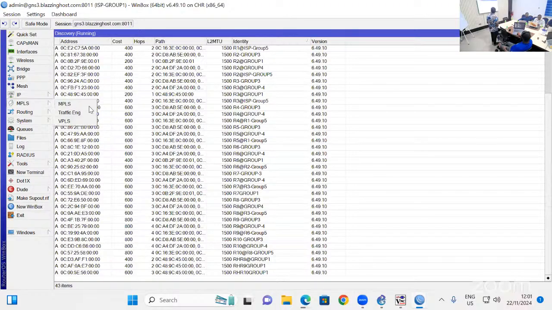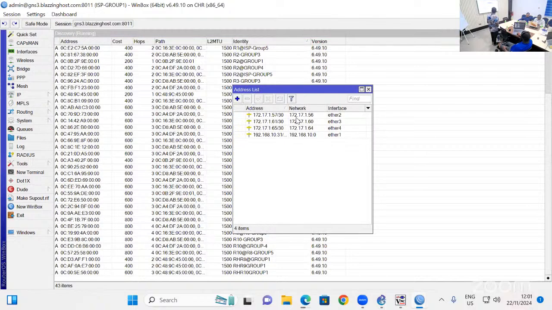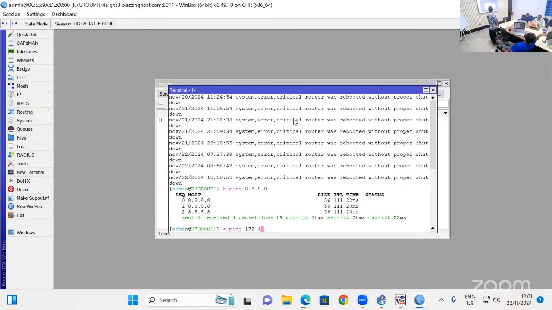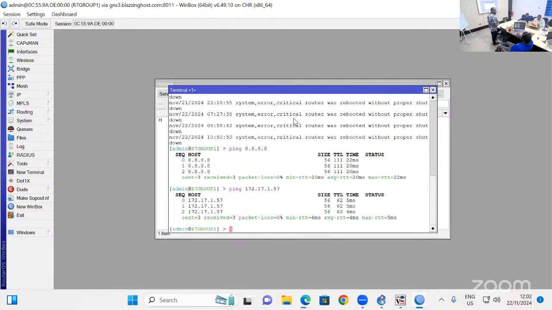The IP address of this router. 17.1.7 ping 17.1.7. All right, your routing is working, so good one.